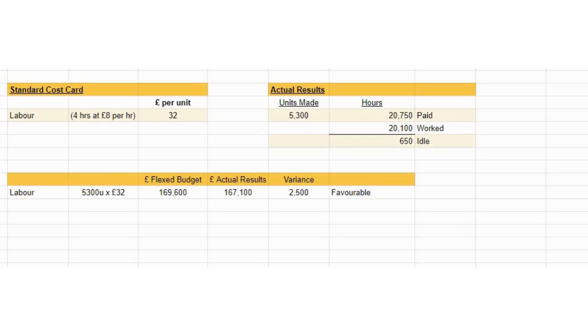The second variance for labour is the usage variance, called the labour efficiency variance, and it measures, like materials measures how much wastage there was of materials, how fast or slow the workers worked in producing the output of the production run. And the third variance, if you have it at all, is known as the idle time variance, which really isn't a variance at all. It's just a direct calculation of the cost of the idle time, but it's called idle time variance, and it's always adverse.